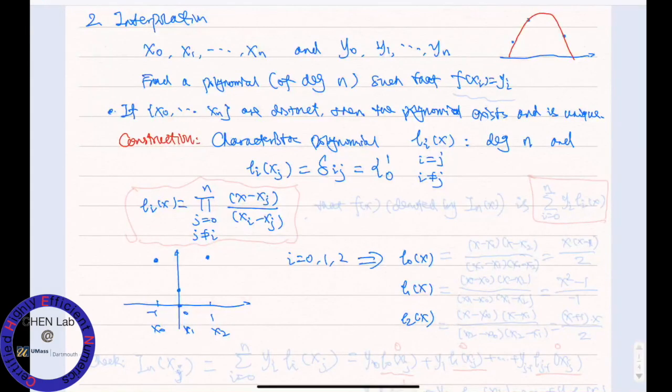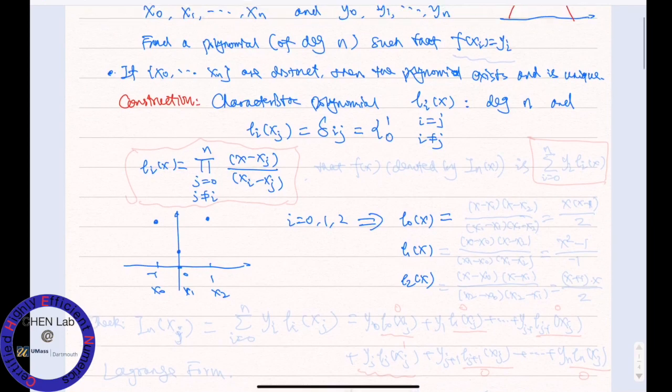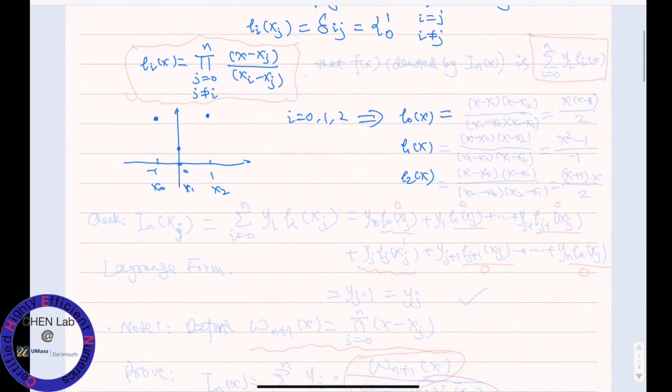Now, and you'll soon see why we want that, because it's so convenient for constructing the resulting polynomial, we want L0 of x, the function corresponding to the first point x0, to be 0 at x1 and x2. We want it to be 1 at its own point and 0 everywhere else.